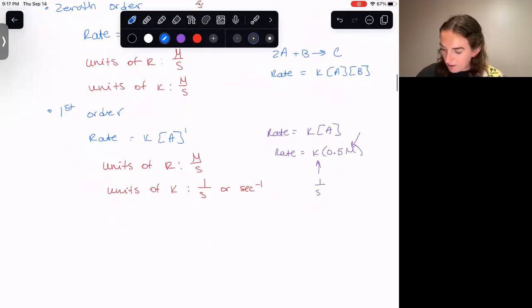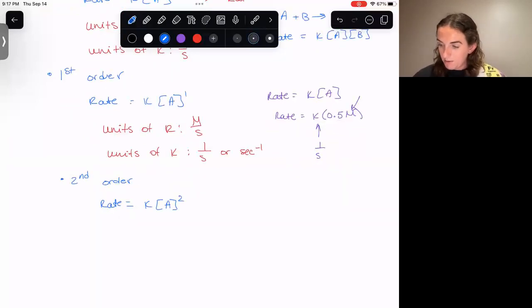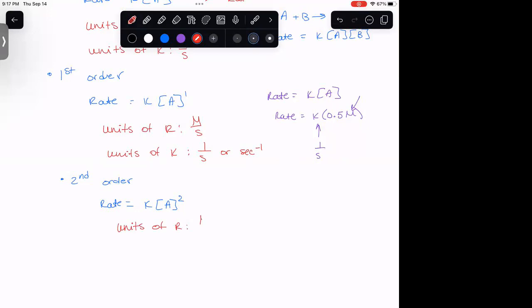Right, and then lastly, we have second order. Your rate is k A squared. What are our units of r? M over s.